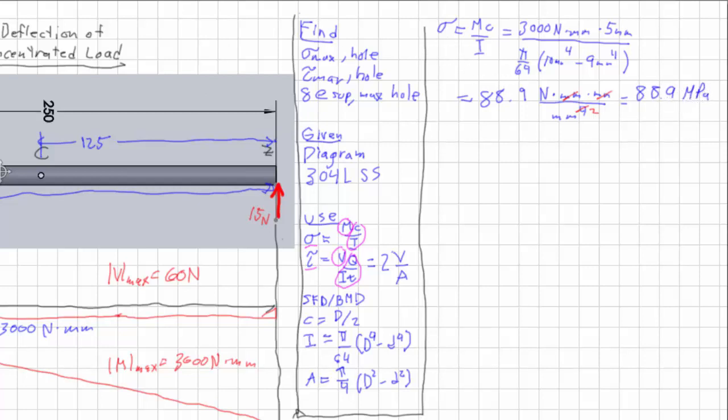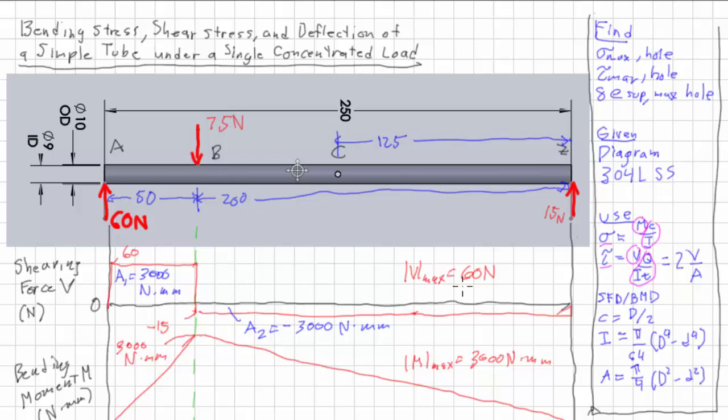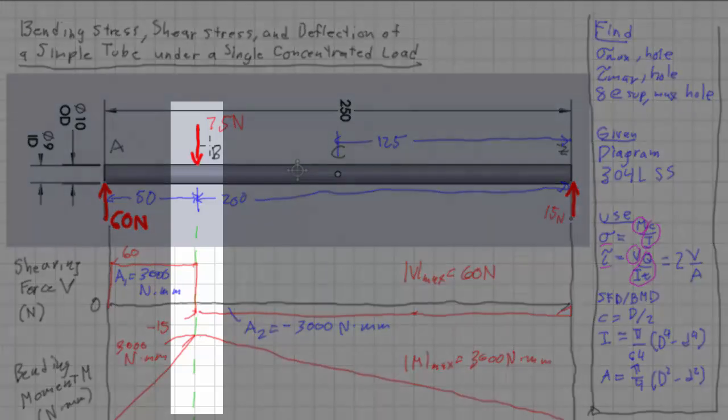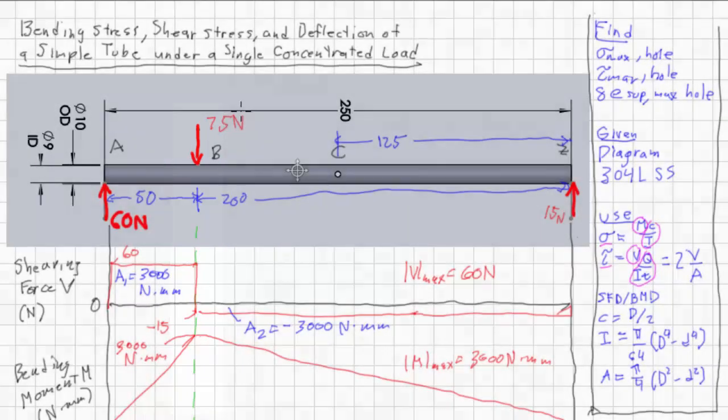Okay, and that's the maximum stress here. And that occurs right where that 3,000 Newton millimeters is, right here, this point where we have the reaction fulcrum of 75 newtons. And that's not surprising.